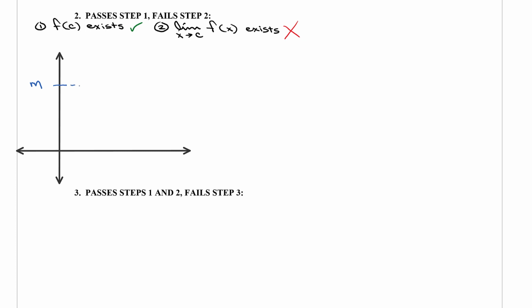Let me begin by labeling on the y-axis the value of m. So I'm going to draw a tick mark here where it represents m for y. I'm going to draw a dashed horizontal line segment going out to quadrant 1.